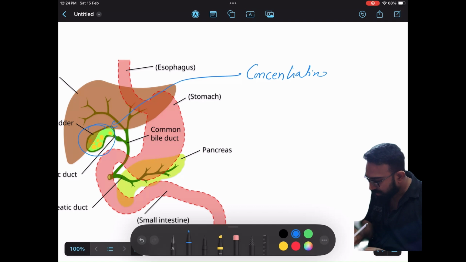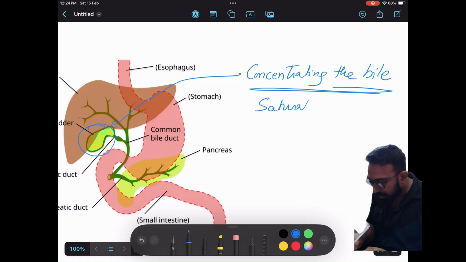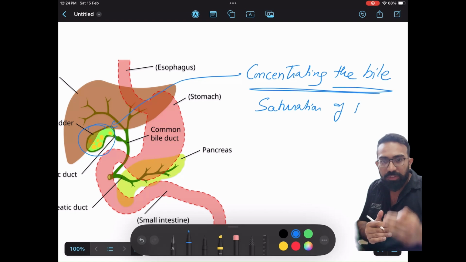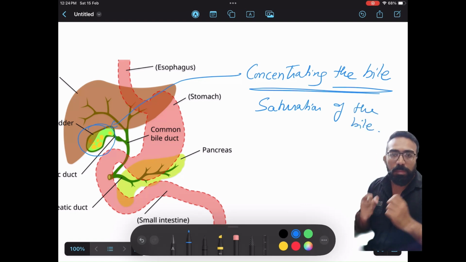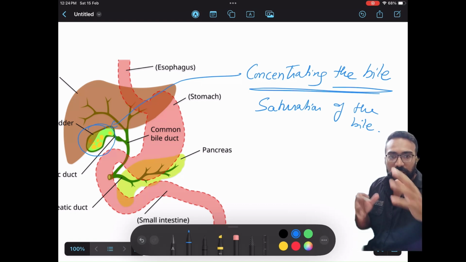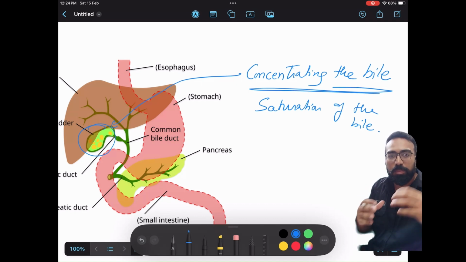It is causing saturation of the bile, making the bile even more concentrated. If the liver is making bile, the gallbladder is storing it and making that bile ultra pro max. Liver is making just normal bile, the gallbladder is making the bile ultra pro max.